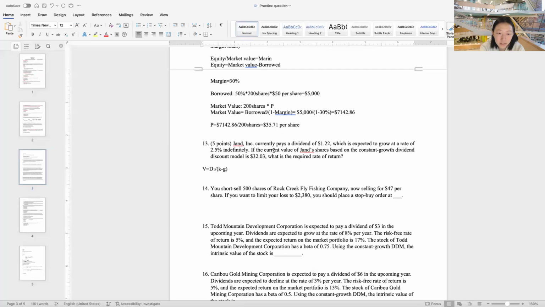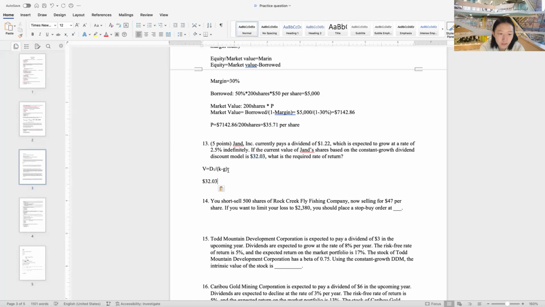Currently the value is 32.03, and it currently pays 1.22. So that means this is not a future dividend, because there's a keyword here.